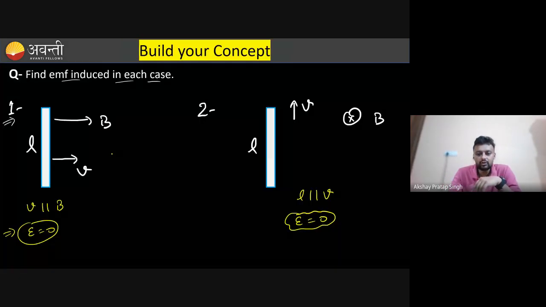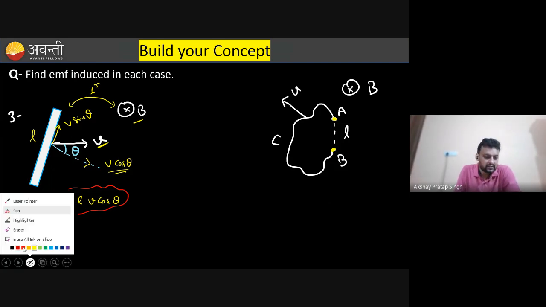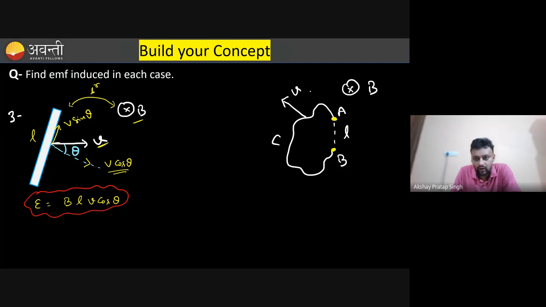So coming back to the question, here you can see this is the point A, which is the starting point. This is point B, which is the last point. So this is the effective length. And in the question, something else is given: the angle of the velocity with the vertical is given as theta.